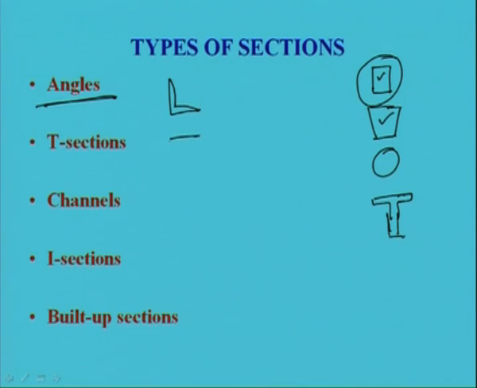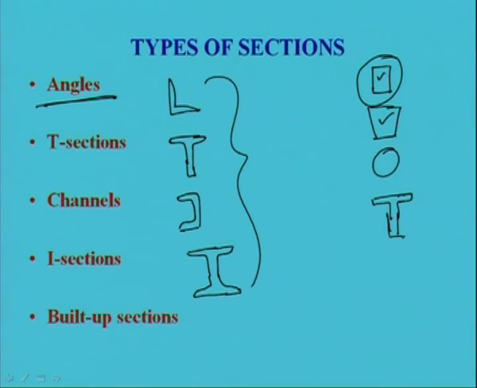Similarly, we can use the T sections, different types of T sections are available in the market. Based on the requirement, one can choose T section, or the channel section also one can use, right. Another section which is available is I sections, right. But in many cases we will see that these available sections in the market are not sufficient to carry that much load, or the length of the span is so high that we cannot design the beam with the available section.